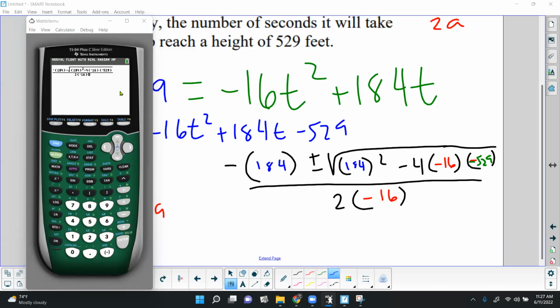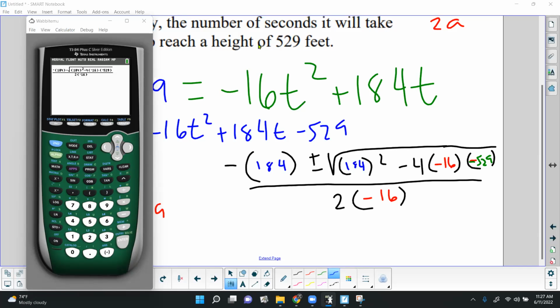So here's my calculator. I typed it in. Did anybody else get an answer? All right, nice job.